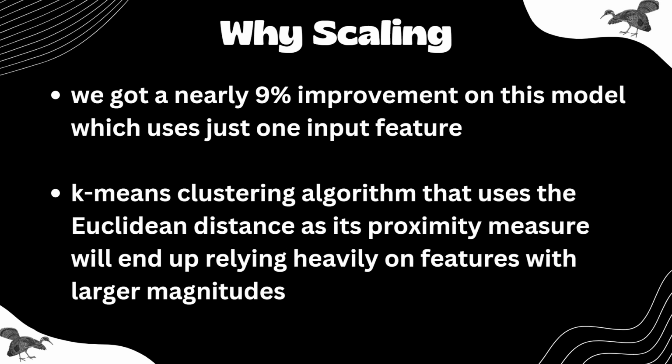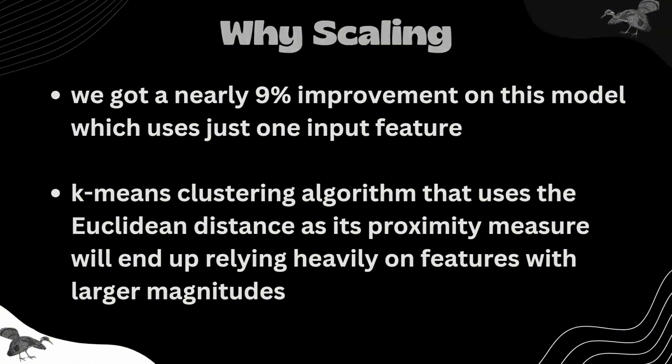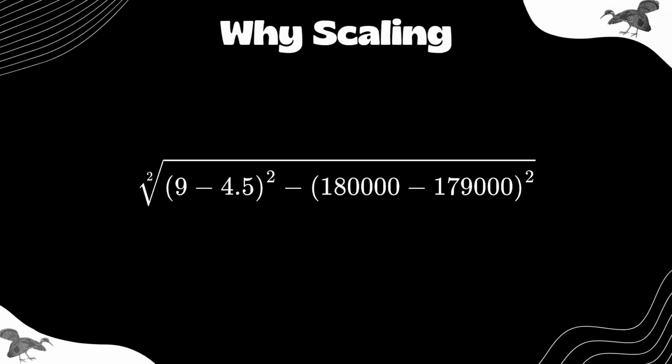Another example that highlights the problem is k-means clustering. Since it calculates the distance between points, if one feature has large values while the other doesn't, the distance calculation will skew heavily towards the larger feature values. As shown in this example, even though the difference in the first feature is about half of the baseline, 4.5 out of the 9 is half, if we consider the first number to be the baseline, all the outputs are skewed towards the other feature because of its large values, making any contribution from the first feature insignificant.